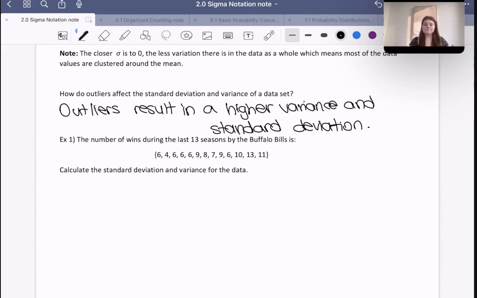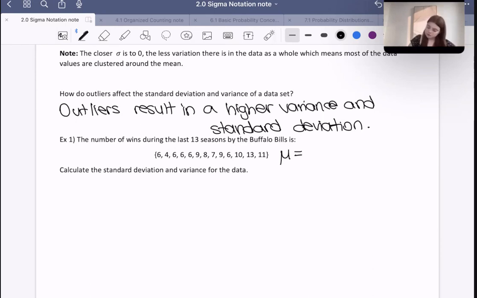So we're going to calculate mu by adding up all of these numbers, 6 plus 4 plus 6 plus 6 plus 6, and so on, all the way to plus 13 plus 11, and then dividing by 13.